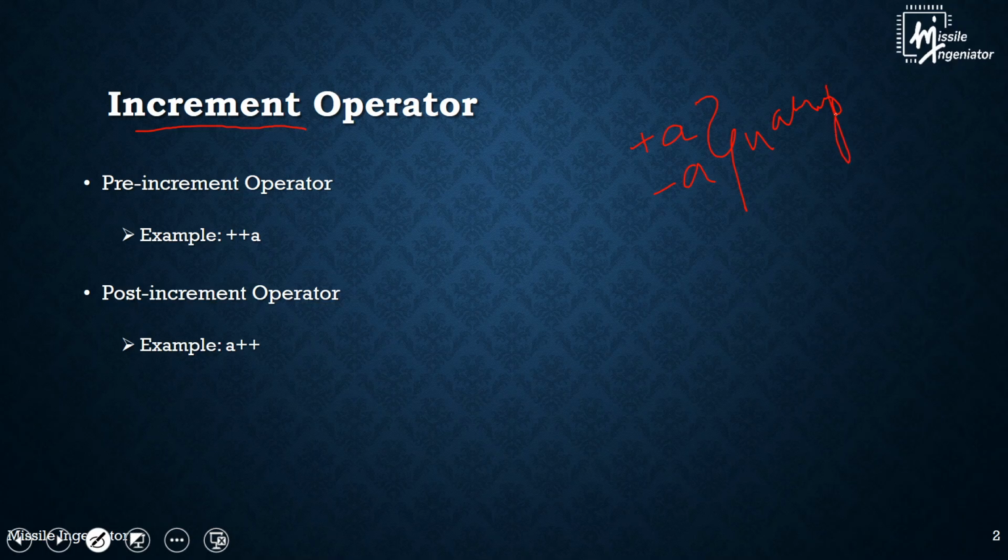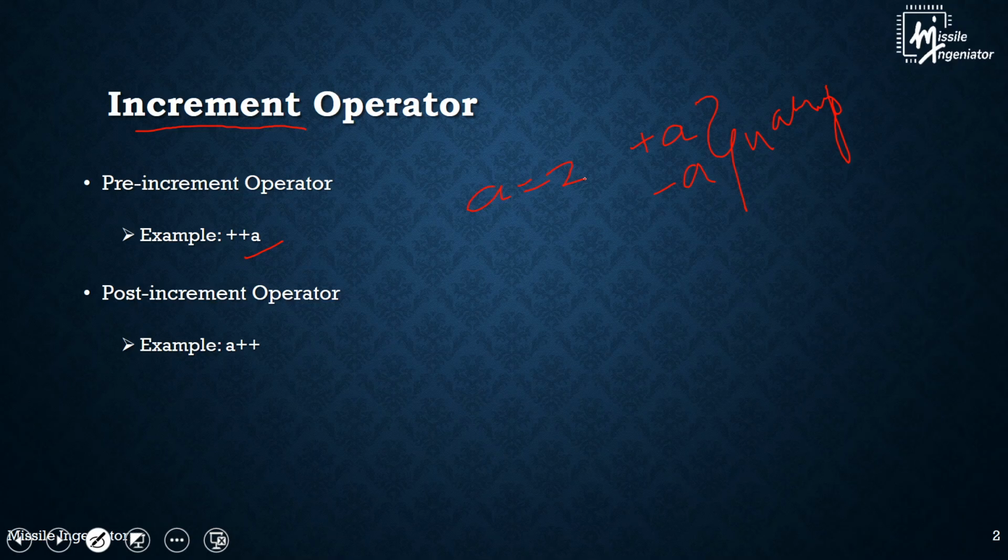Similarly, when coming to increment operators, we have two types: pre-increment and post-increment. In the case of pre-increment, whenever we consider an operand a, the value of a is first incremented by 1, and then the value of a is used. Say I declare a equal to 2.